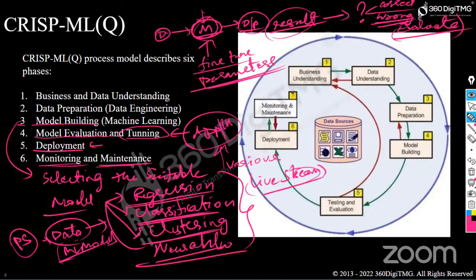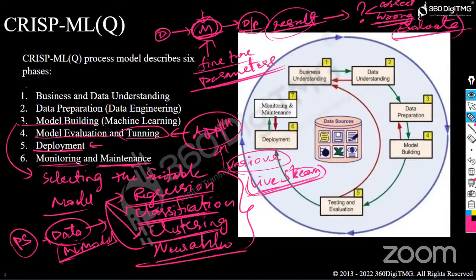So we need to process that and then give it to the model to predict whether it is acceptable or rejected. So we need to maintain the live data which is given to the model.